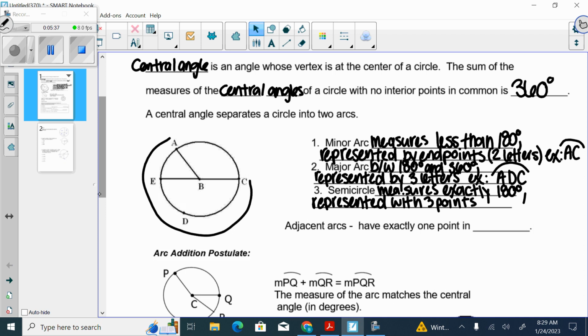Over here in this figure, there are 2 semicircles that are clearly marked for us. You could either go from E to C over the top or from E to C around the bottom. The way we know which one you're referring to is by which letter you put in the middle. If you were going around the top, A would be your middle letter. If you're going down the bottom, D falls in between those 2 points. So an example of how to name one could be E, D, C.